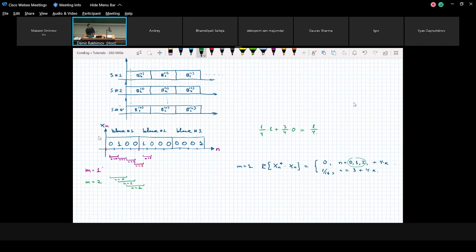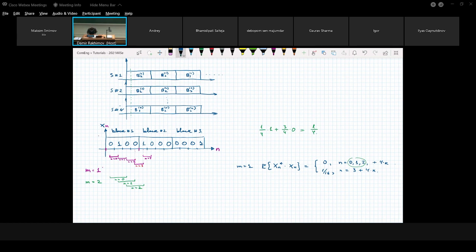Not 0, because we have two independent blocks. Blocks are independent, and the result of autocorrelation will be 1/16, because this sample is absolutely independent. And what's the probability that you have something non-zero for the third sample? 1/4. What's the probability that you have something non-zero in the first sample of the second block? Also 1/4. Then you multiply these.